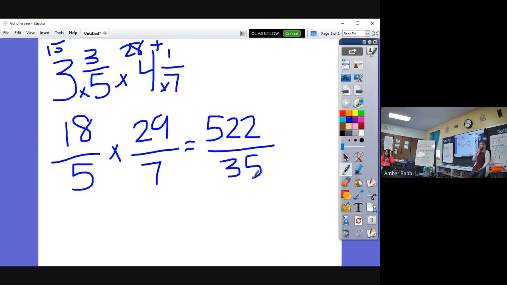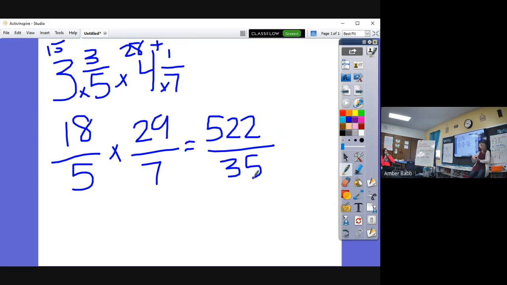About how many times does 35 go into 100? 3-ish. So if it can go into 100 3 times, it can go into 500 3, 6, 9, 12, 15.